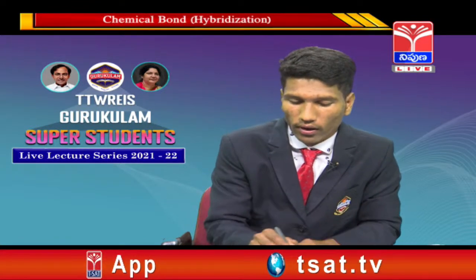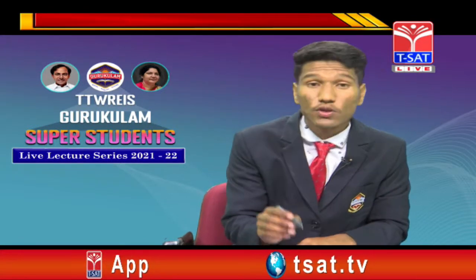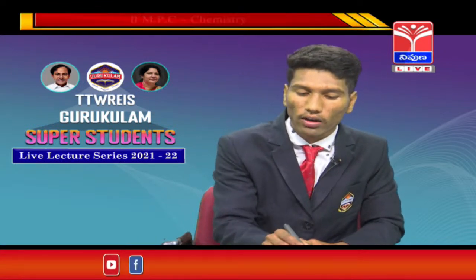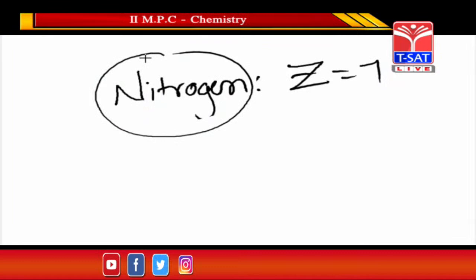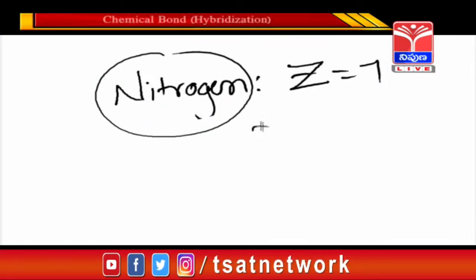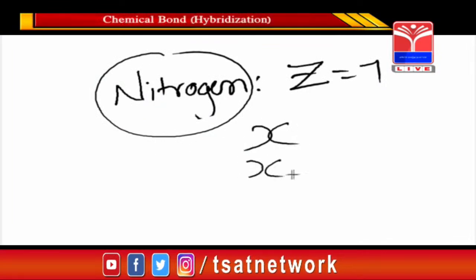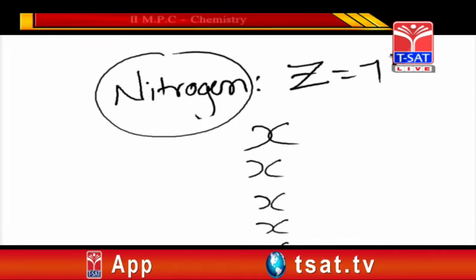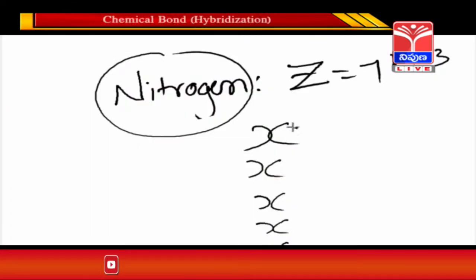For example, nitrogen belongs to the 5th A group, so we have to draw 5 symbols. In NH3, 3 hydrogens are bonded, so we give each bonding.